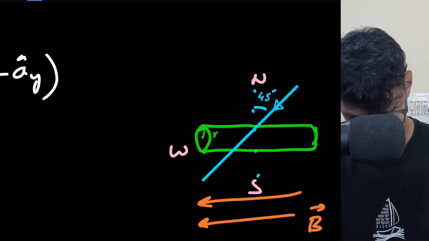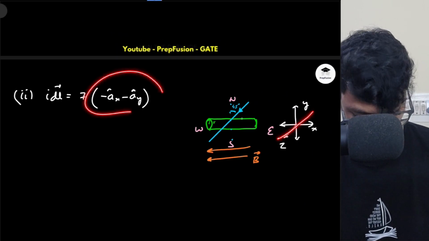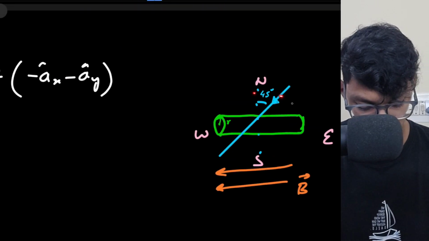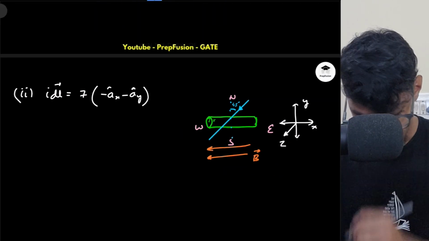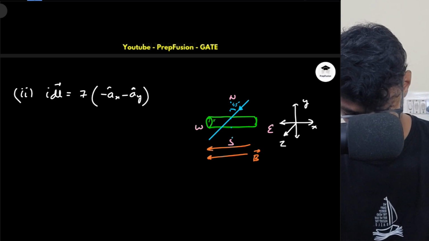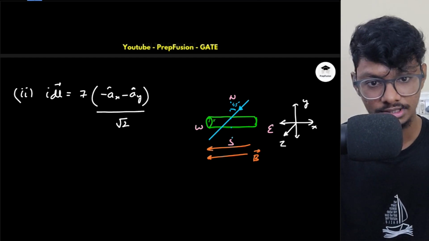Can you tell me this direction? I have already given you a hint. This is the direction in the minus ax and minus ay cap. If you take the components, it will be the same as x and y, so it will be minus ax and minus ay divided by the magnitude, because we have to talk about a unit vector here. This will be divided by √2. So this is the magnitude.